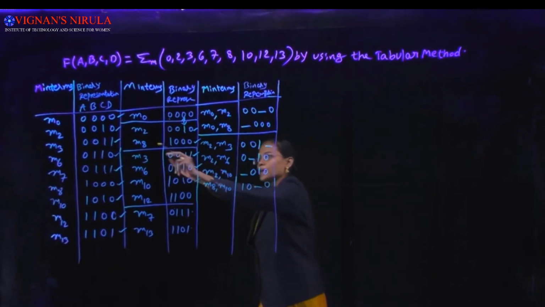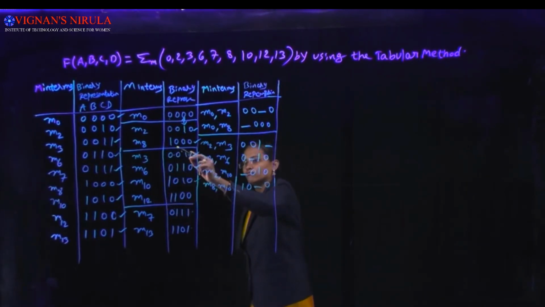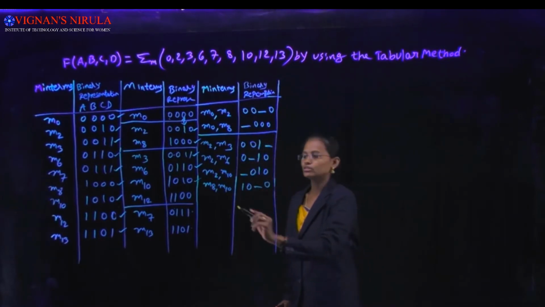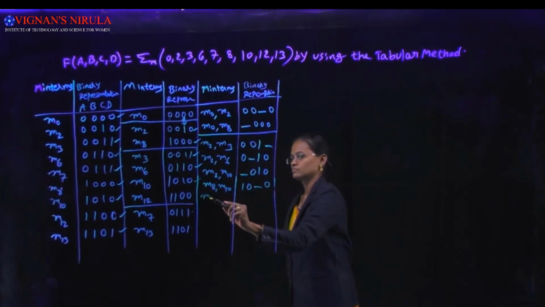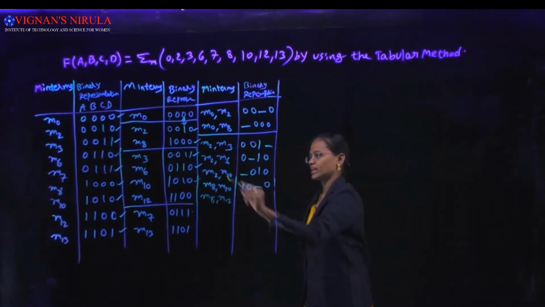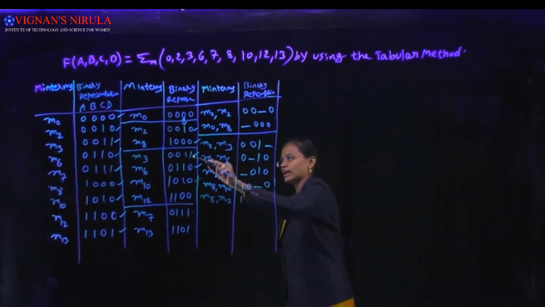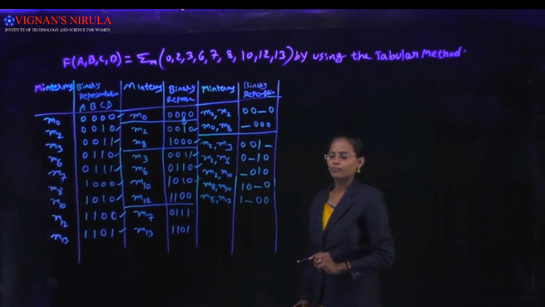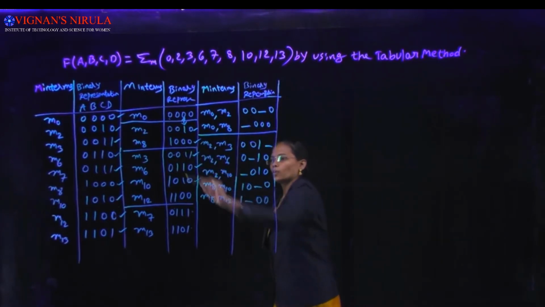And next M8 and M12, 1 1 0 1, only one position is changed, so write down that minterm M8 and M12. That is 1 1, and next 0 1, second position is changed, and next bits are 0 0, and this group is completed.